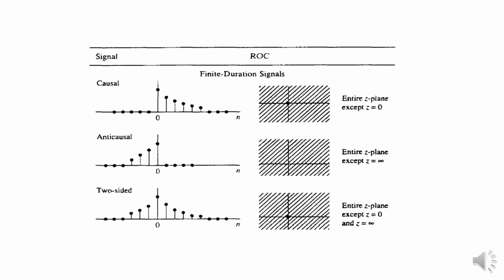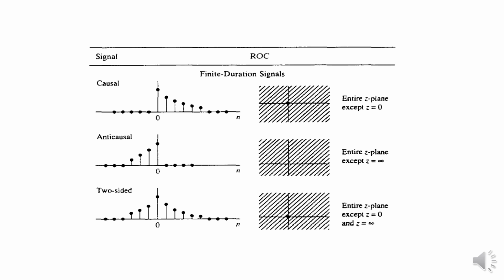Consider this finite duration signal. As you can see, on the left-hand side you can see x[n], and on the right-hand side you can see the region of convergence, ROC. First one, causal means x[n] will exist from 0 and only for positive n values.